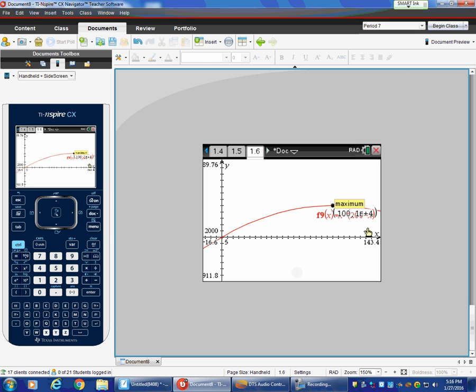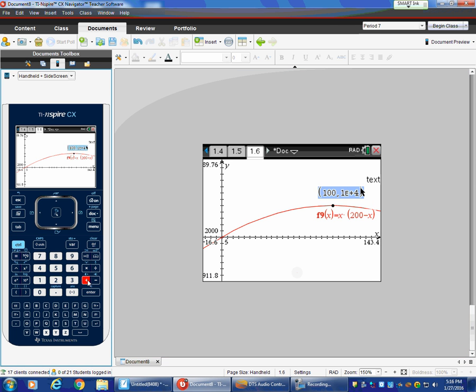Now remember what we can do. We can click on this coordinate. So here, I'm going to move this coordinate out. You can click on it, and then hit plus.